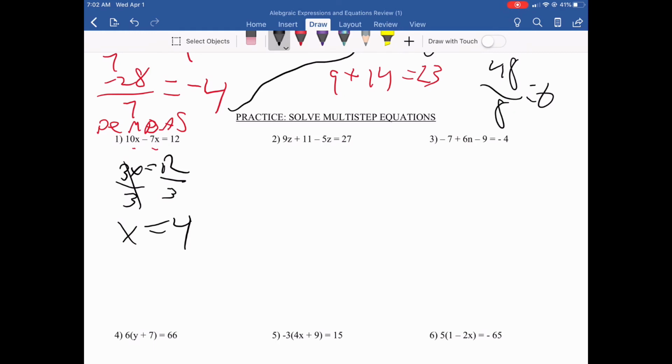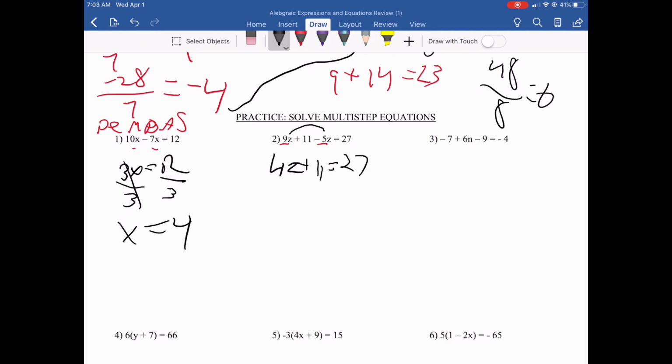So I look at this equation for number 2. And remember, I want to get z by itself. So I'm going to add up all the z's that are on the left side of the equation. 9 minus 5. So we have 4z, do not lose your sign, plus 11 equals 27.